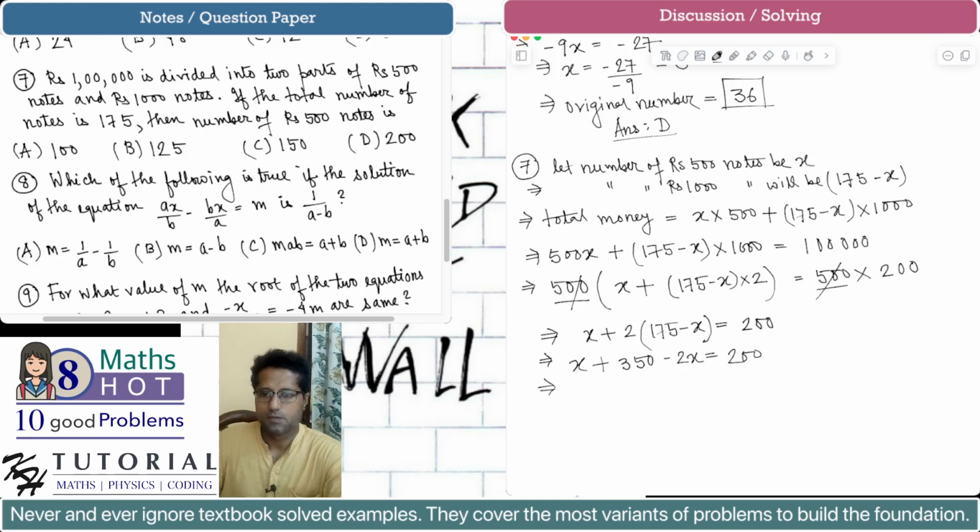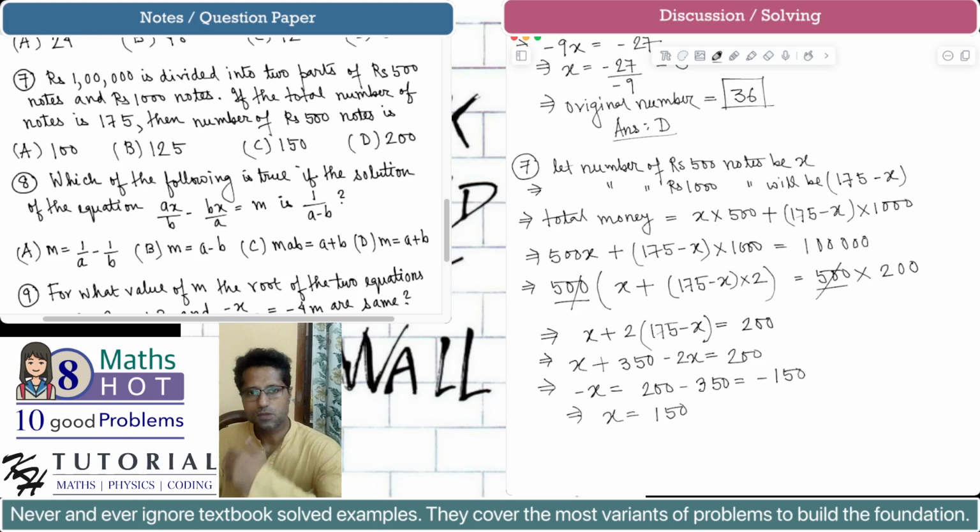This implies x minus 2x, which is minus x, is equal to 200 minus 350, which is minus 150. So x is equal to 150. We assumed x to be the number of rupees 500 notes, and hence the answer is 150. It asked for the number of rupees 500 notes, so the correct choice is C.